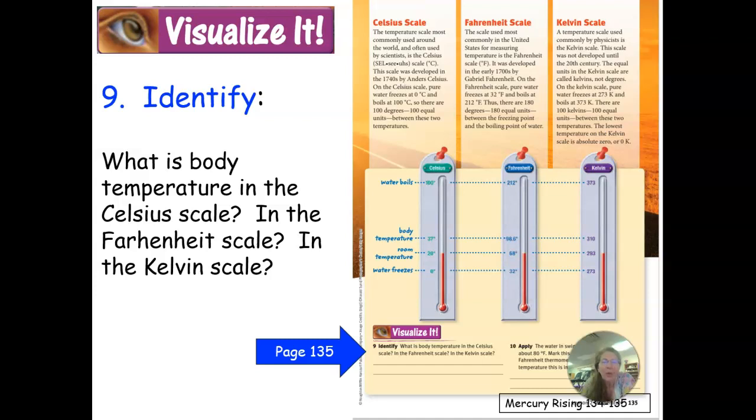And then we have when water freezes and when water boils. So when water boils and water freezes are important points to burn in your brain, I guess, because you'll have to be using those through science as you go along through your high school career.